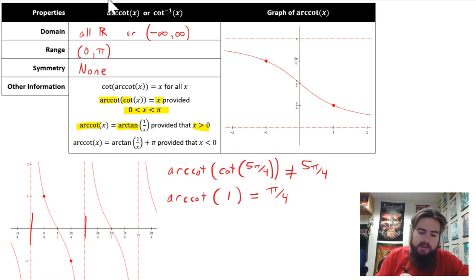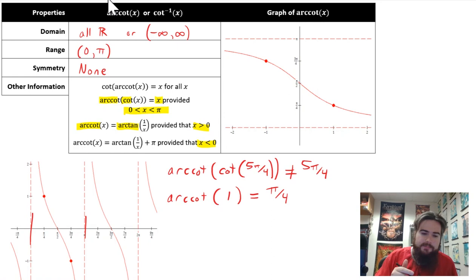So that's okay. But if you're dealing with a negative ratio, there are some problems. This is where the lack of overlap of range comes into play. Arctangent would take a negative input and result in something between negative pi halves and pi halves, something in quadrant 4 of the unit circle. However, a negative input on cotangent, or arccotangent, will give you an angle measure between pi halves and pi, which is in quadrant 2.